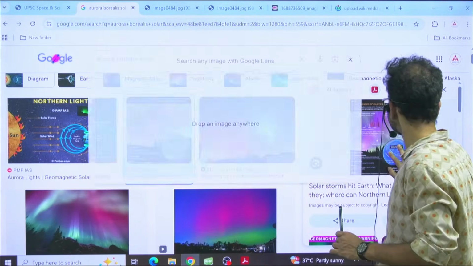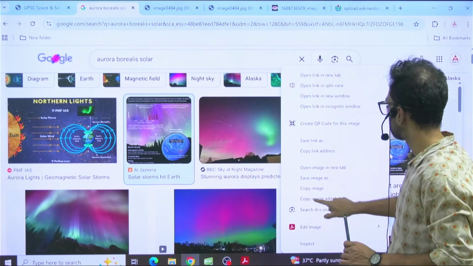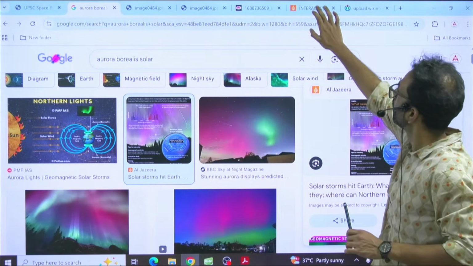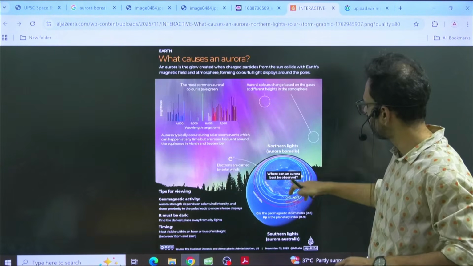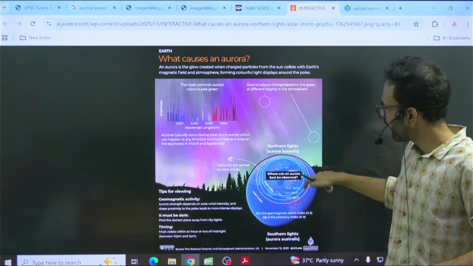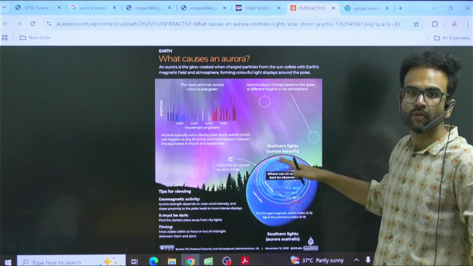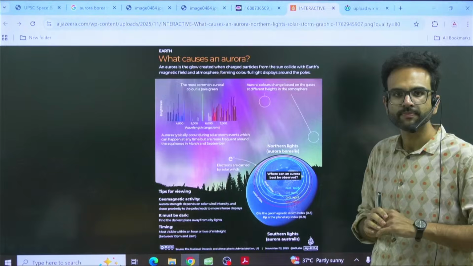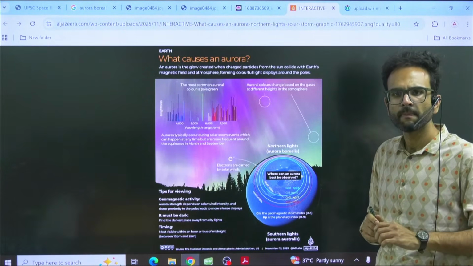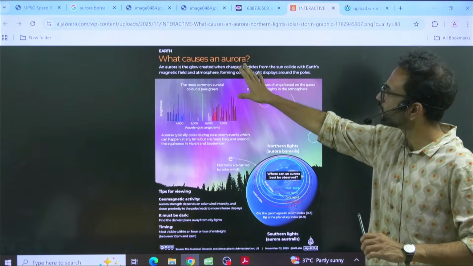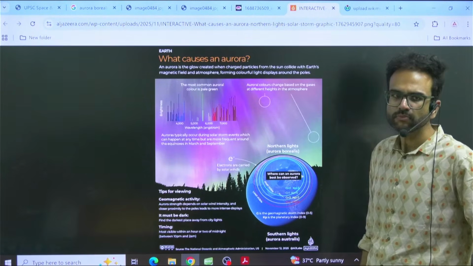Take a look at this. Now, where can you find these auroras? Near the poles. Why are they formed? Take a look at this. What causes an aurora? It's a glow.